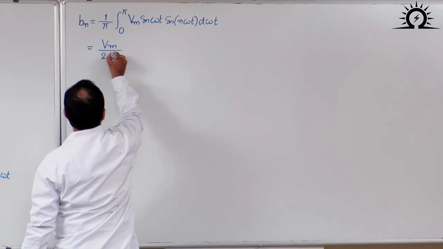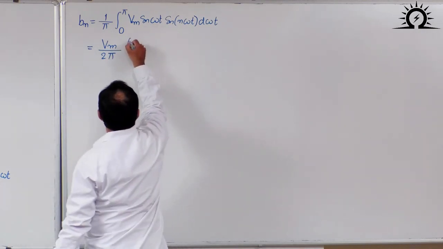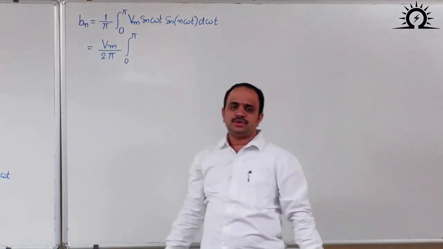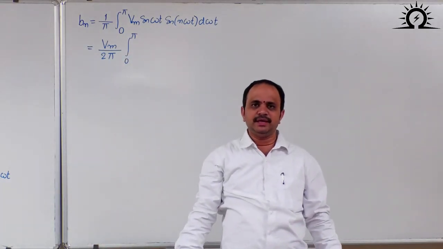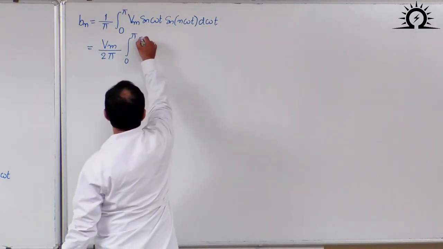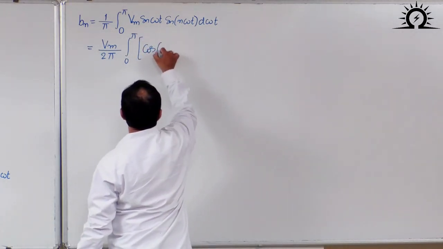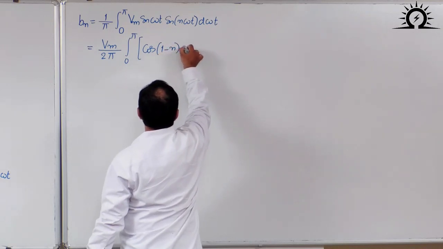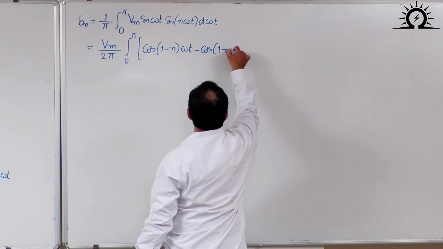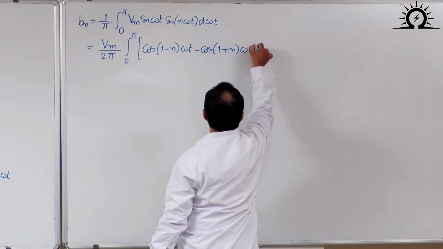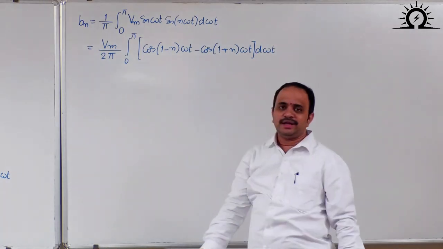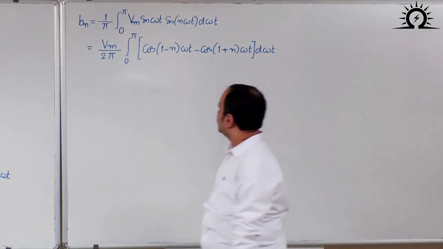Vm divided by 2 pi, and the expression is 2 sin a sin b, which simplifies to cos of 1 minus n into omega t minus cos of 1 plus n into omega t d omega t.